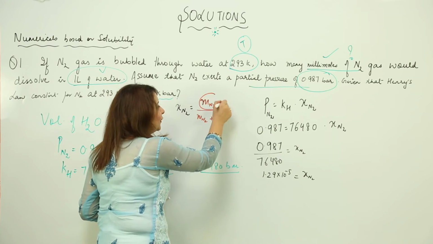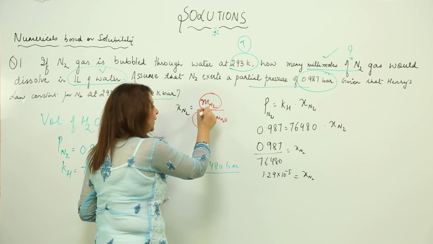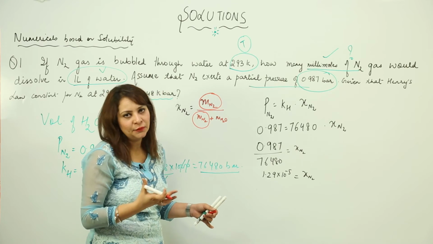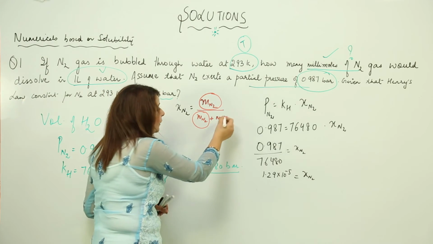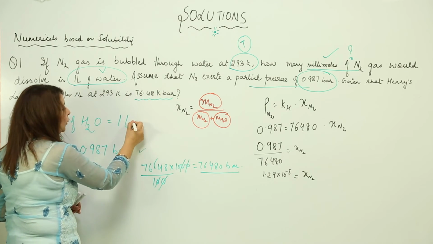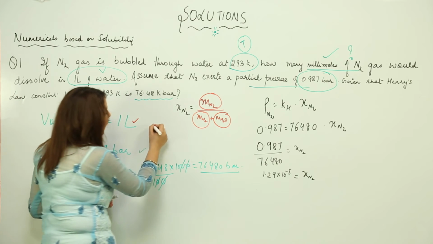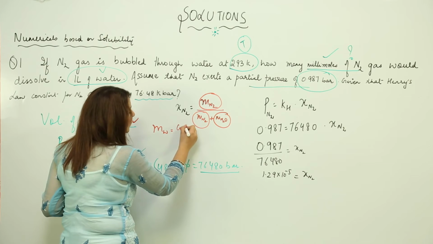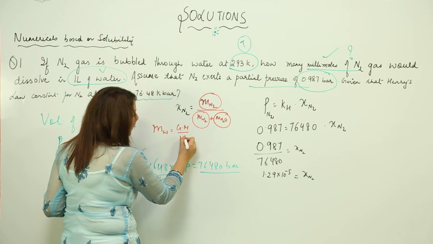We are not provided with the moles of N2, so we have to keep it as a variable. But we can find the moles of water, because we are provided with the volume of water. Moles of water is equal to the given mass over the molecular mass.